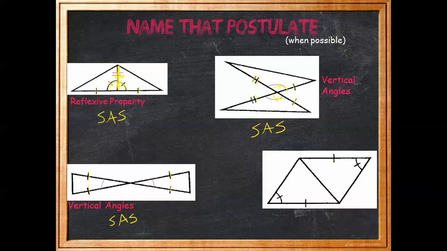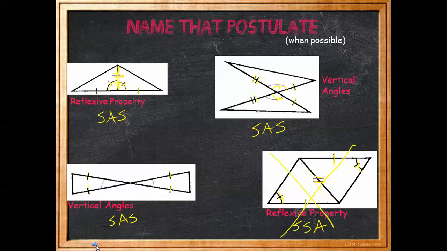On this one, we're given a side that's congruent, and we're given an angle that's congruent, okay? And according to the reflexive property, again, we can say that these sides are congruent because this line is congruent to itself. But this one is side, side, angle, which we cannot prove.